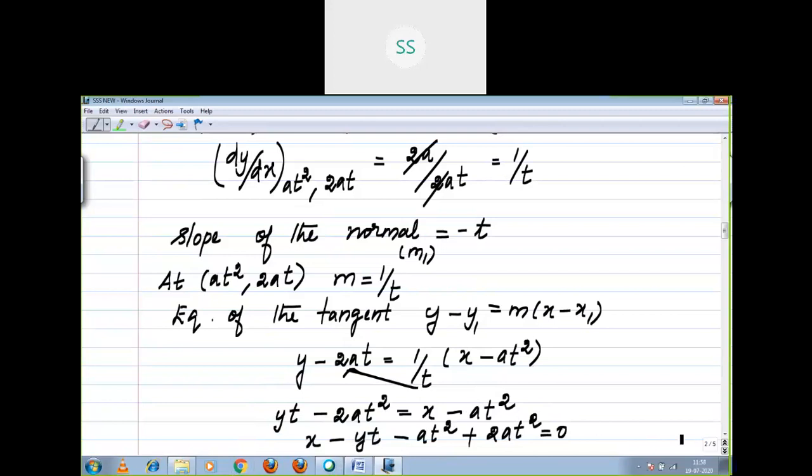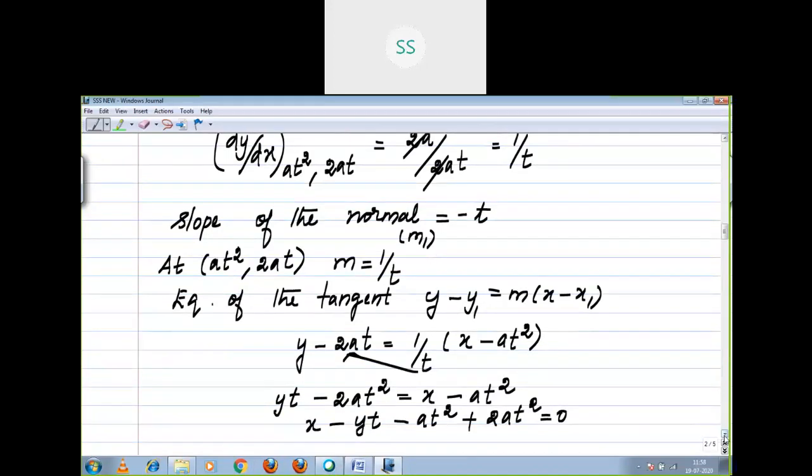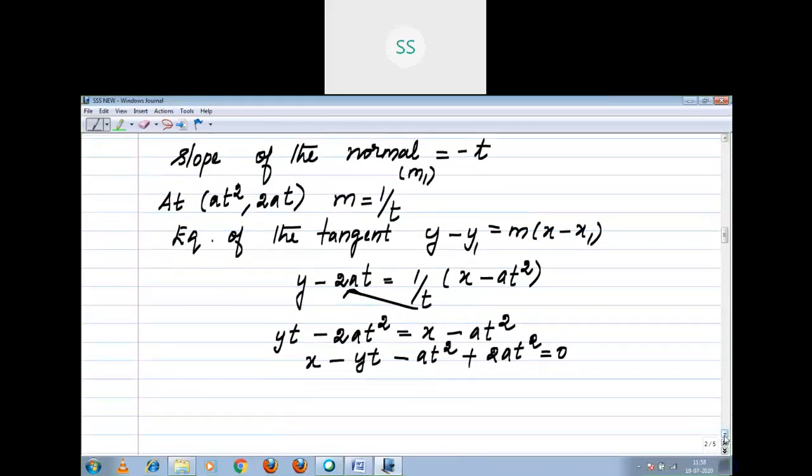What you arrive at in the end is x minus yt plus at² equal to 0. This is the equation of the tangent.